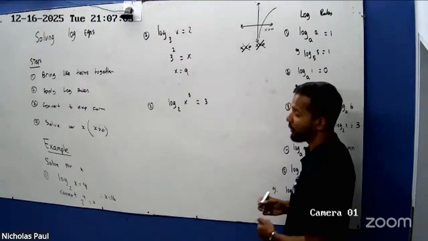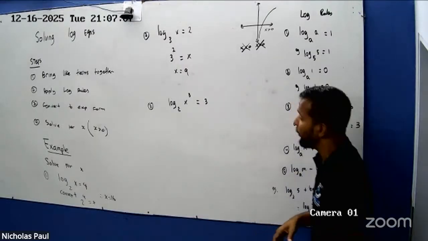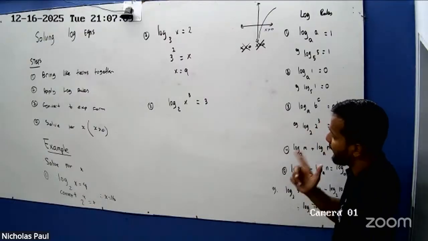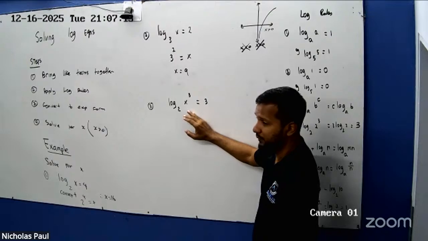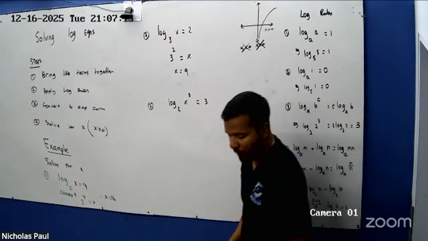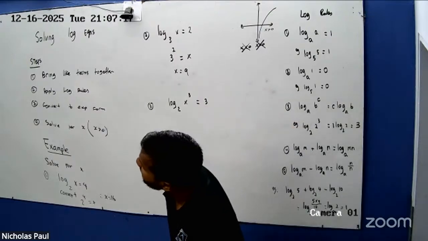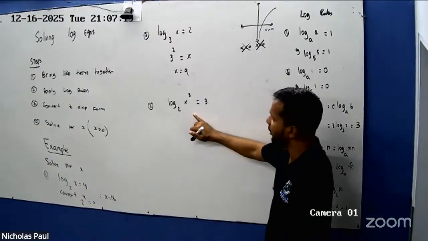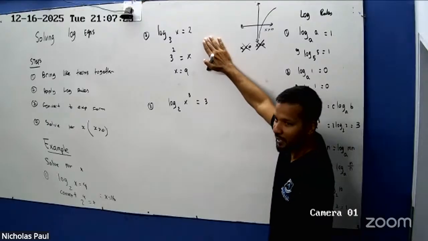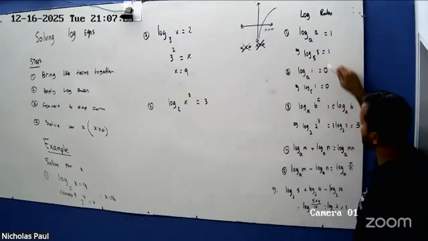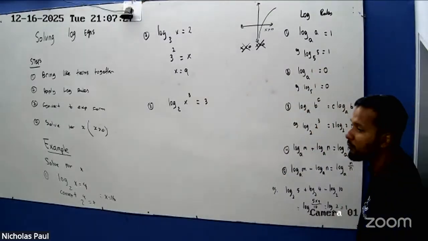We need to find a way now to solve that. In order to solve this, we have to look at the log rules that will help us reach a stage like this. Which of the rules do you think we are going to use?